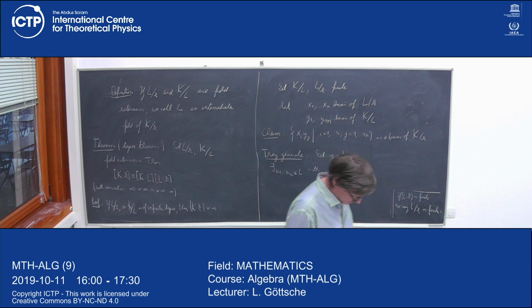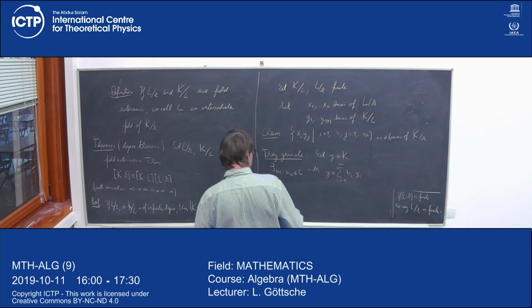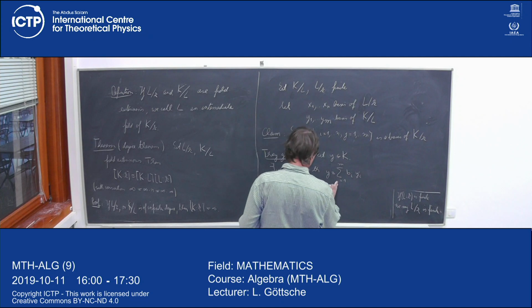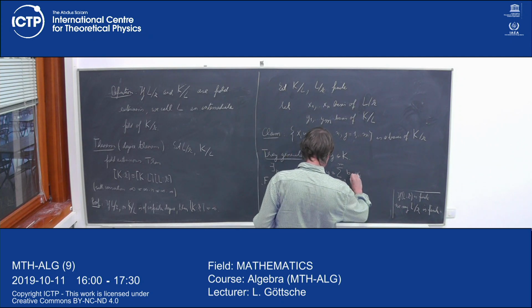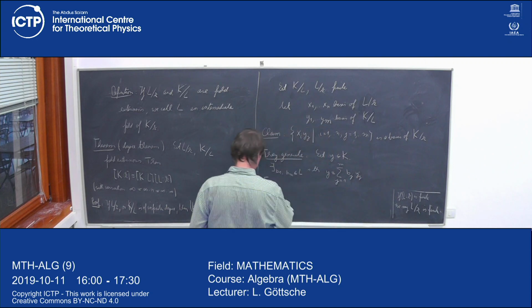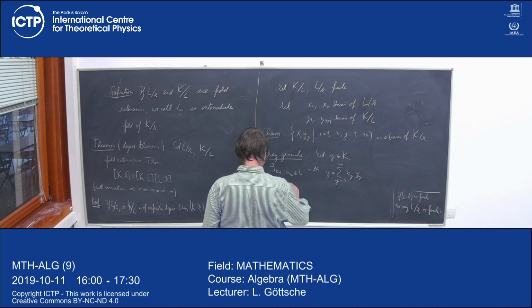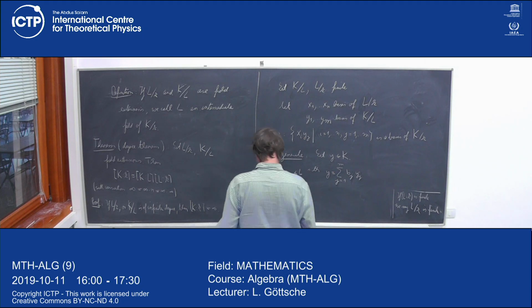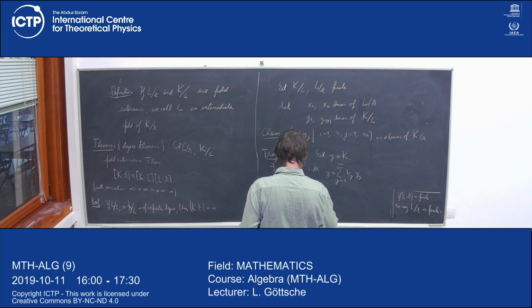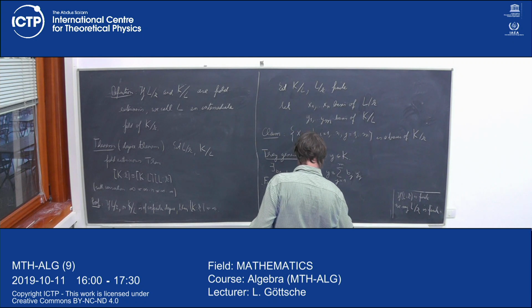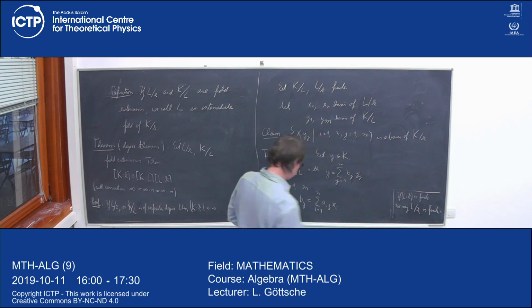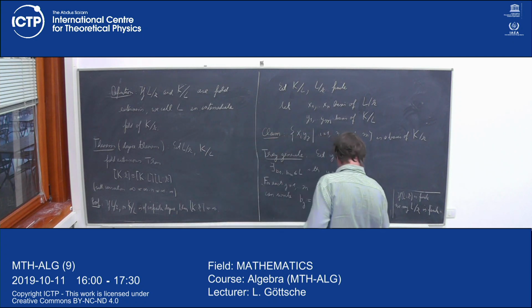So for each j from 1 to m, we can write bj as again the sum i equals 1 to n of aij xi, where the aij are elements in k.